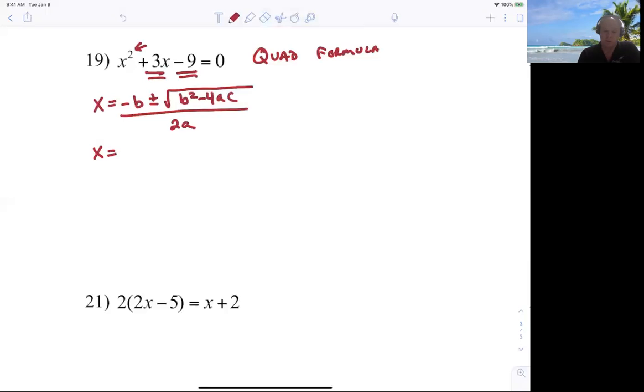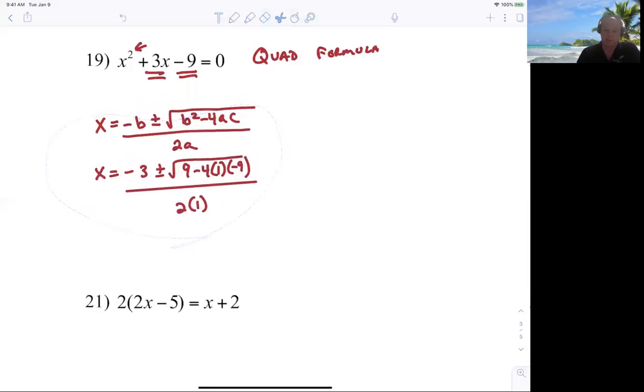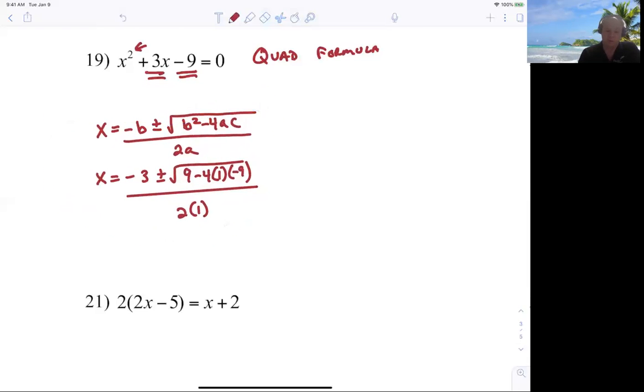So x equals -3 plus or minus the square root of 3 squared, which is 9, minus 4 times 1 times -9, all over 2 times 1. Now, it's not that I made a mistake, but I just want to make sure you remember a equals 1, b equals 3, and c equals -9.